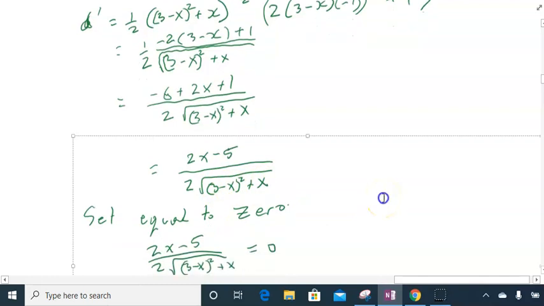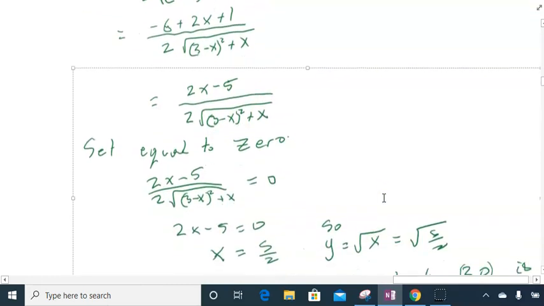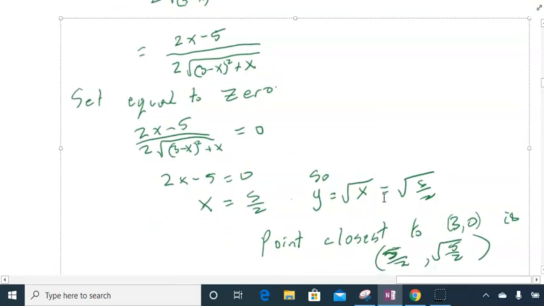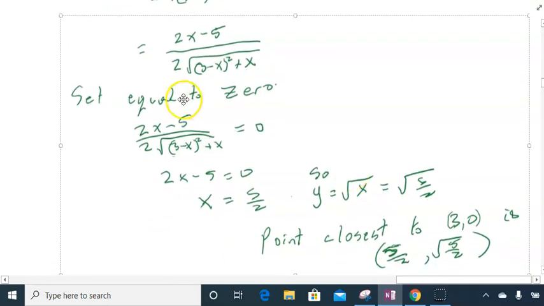And then in order to minimize or maximize, we set the derivative equal to 0 and then solve for x. So this is what we're doing right here. We set (2x minus 5) over 2 times radical ((3 minus x) squared plus x) equal to 0. We set that numerator equal to 0. That's 2x minus 5 equal to 0.